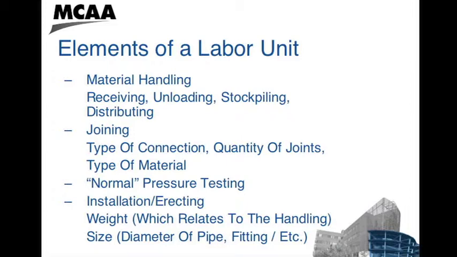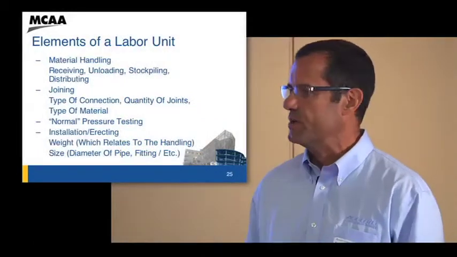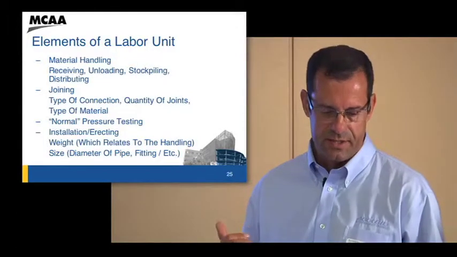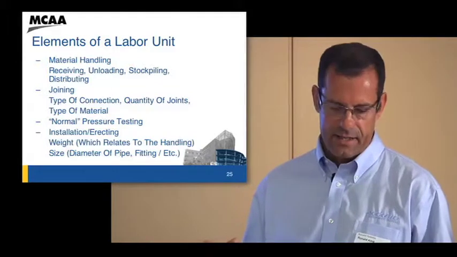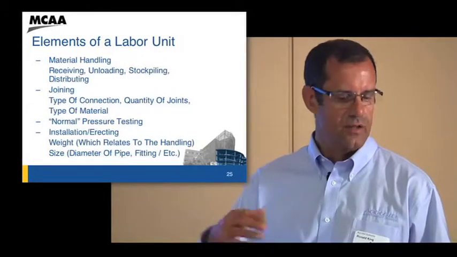Some of the components that make up an element of our labor unit are listed here. The formula that I spoke about is an empirical formula, and we use two different ones. They all use the components listed here on the screen. It has material handling in it, which is receiving, unloading, stockpiling, or distributing it around the job site.